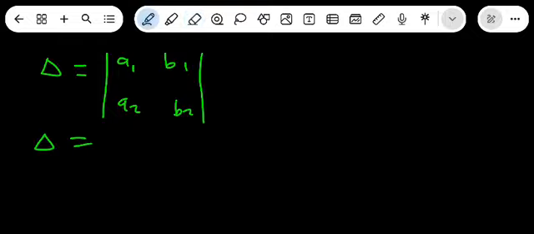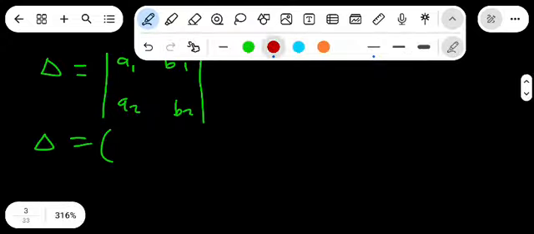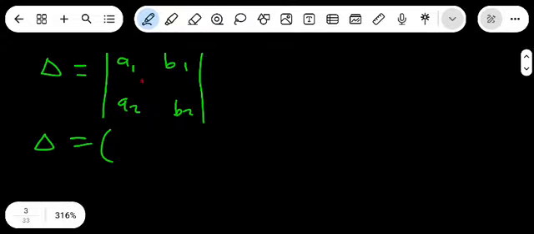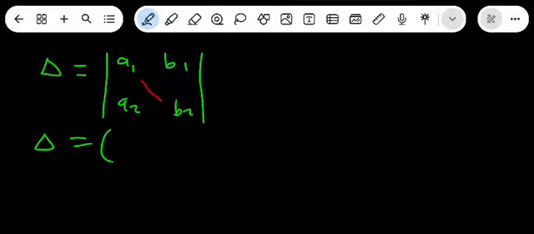To evaluate the determinant of a 2 by 2 matrix, you multiply along the principal diagonal: a1 multiplied by b2.